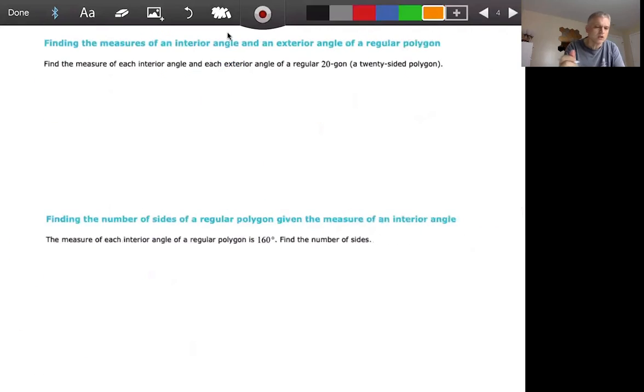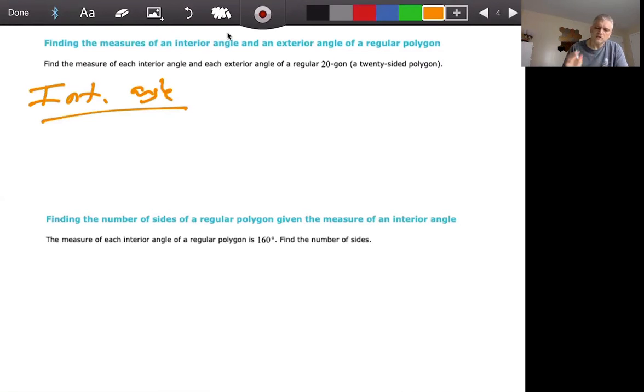Okay, moving along. Finding the measure of one interior angle and one exterior angle of a regular polygon. Okay, let's do the interior angle because we just worked on it. The exterior one's actually easier, and I'll show you that in a second. But let's find the interior angle.